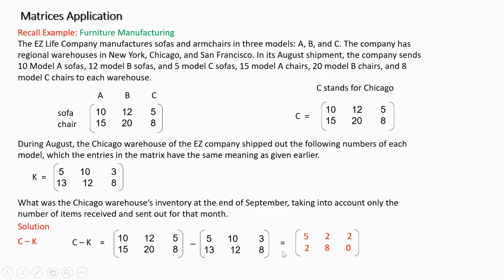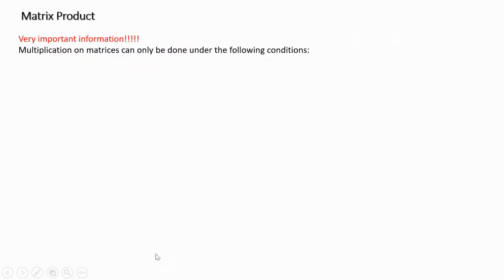And these were the chairs: 2 Model A chairs left, 8 Model B chairs left, and no Model C chairs left. That's how you will relate it in real life.